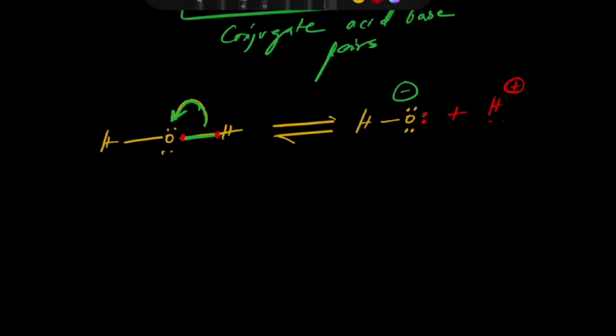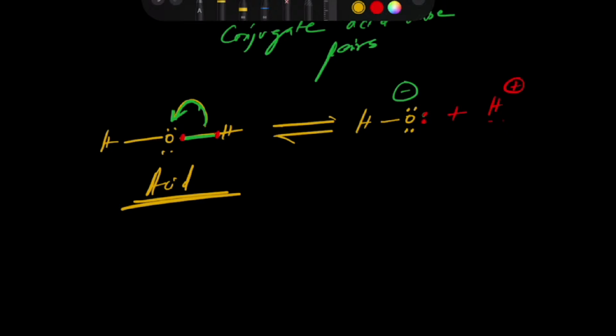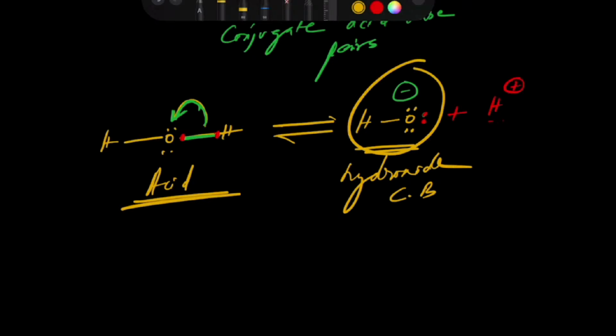Now water is acting like what? It is acting like acid here. What is the conjugate base of water? Hydroxide. Hydroxide is the conjugate base. Now this can act like a base. This can give this lone pair here and form back water. That means it can act like a proton acceptor. Okay, so hydroxide is a proton acceptor.